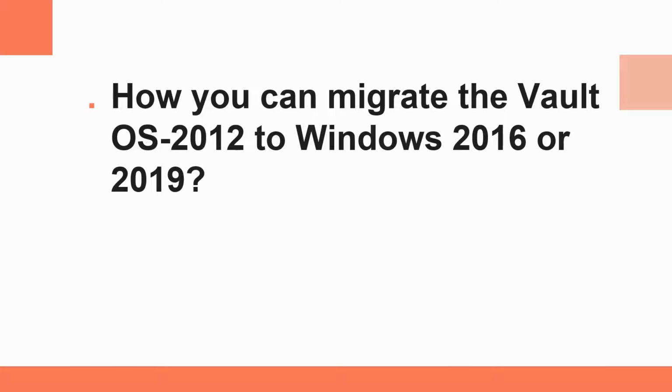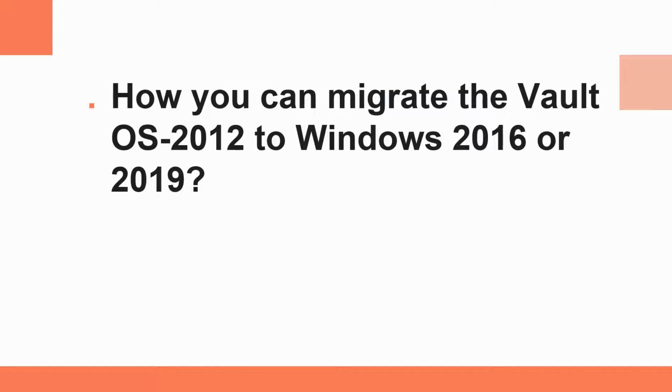So the same set of keys are required on your Windows 2016. You need to install the Vault, then you need to install the DR setup. After installing the DR setup, you can use the DR service and start the replication from your OS 2012 to the new 16 Vault server. Once that replication is completed, you can test the connection. You can use your PVWA, PSM, and point the components to the new Vault.